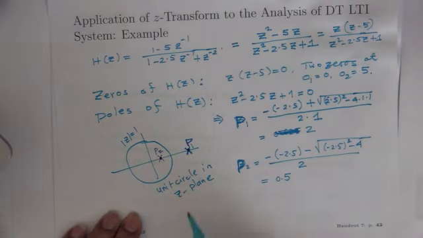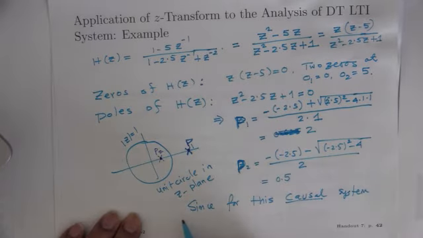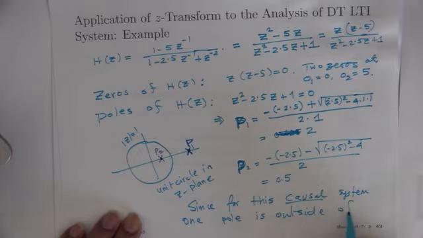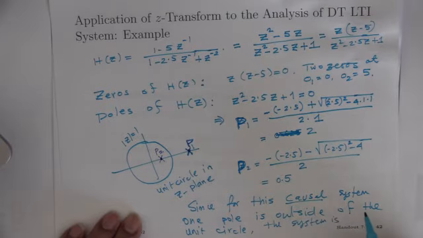Okay, so since, for this causal system, one pole is outside of the unit circle, the system is unstable.